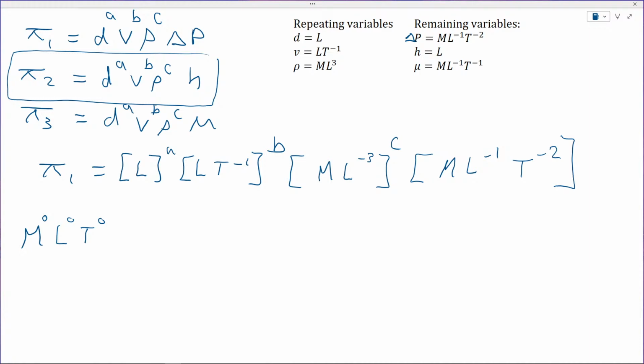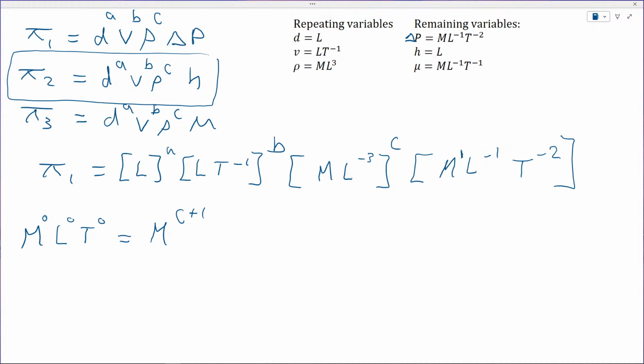So this is equal to what? This is equal to my M. So for M, what do I have? I have M to the power C, this guy here, and then I have M plus 1, because here it is M to the power of 1.